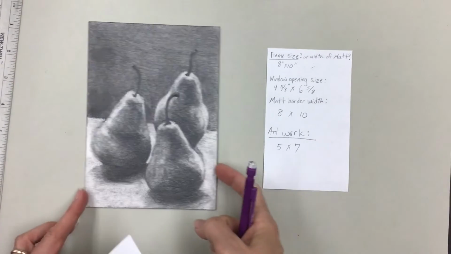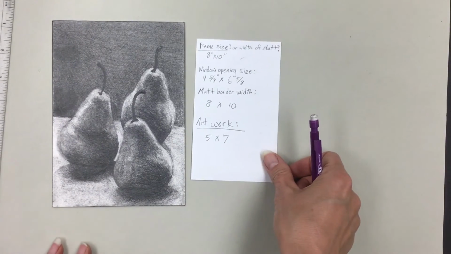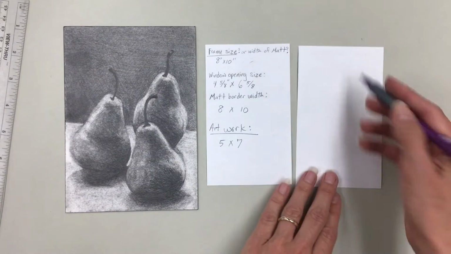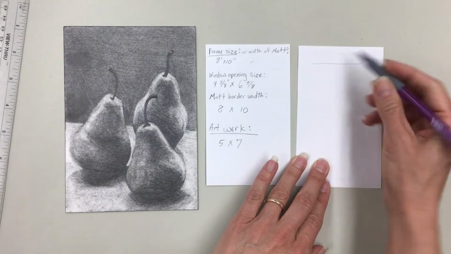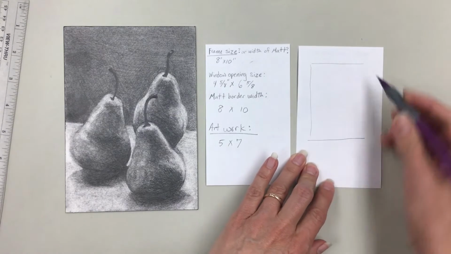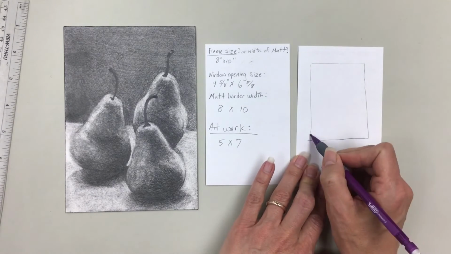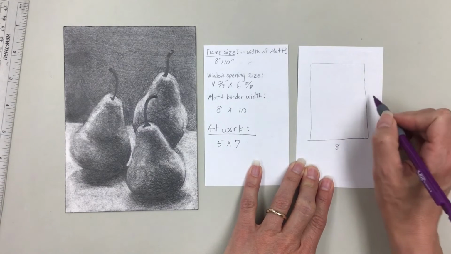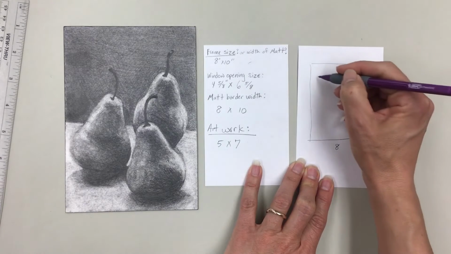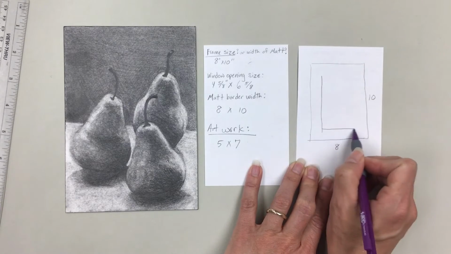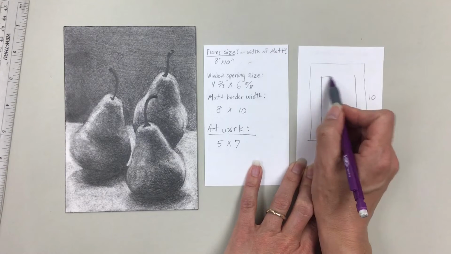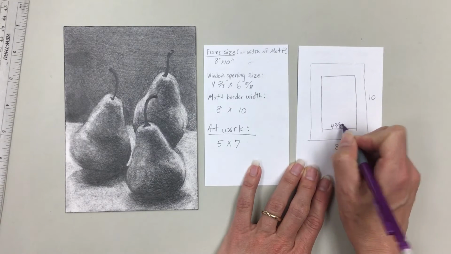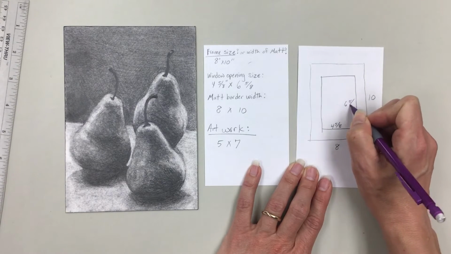What we're going to figure out next is, what does this look like? How can we pre-visualize it? So I'm just going to get another scrap sheet of paper here, and I'm going to draw a larger rectangle, and my outside edge is going to be the mat size, 8 by 10, and then my inside shape here, and it does not have to be pretty, this is just scrap paper, is 4 5/8 by 6 5/8.